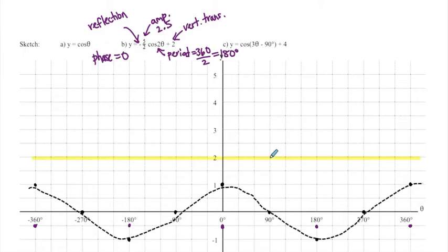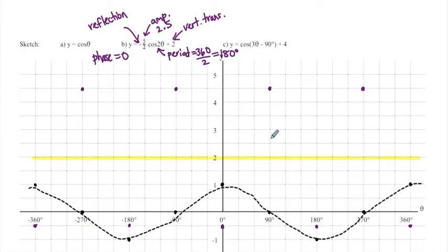So here's where I'm starting from, and I'm going up 1, 2, and a half, so at 4.5. And then from there, I'm going to have another highest point at 270. And I'm going to have another highest point at -90. And I'm going to have another lowest point halfway at -270.